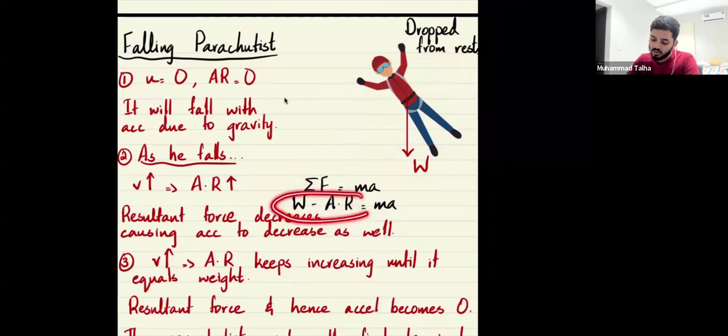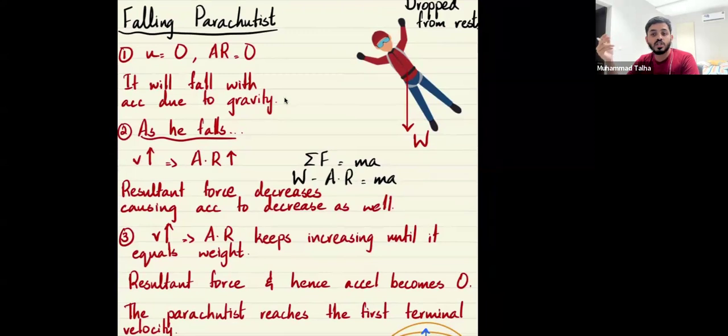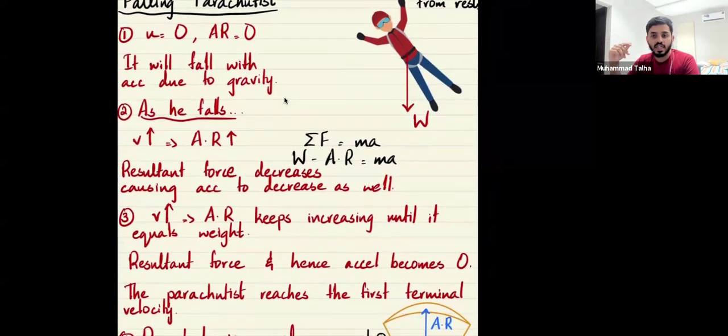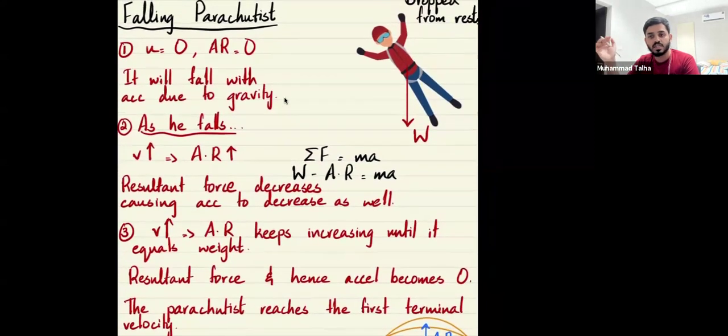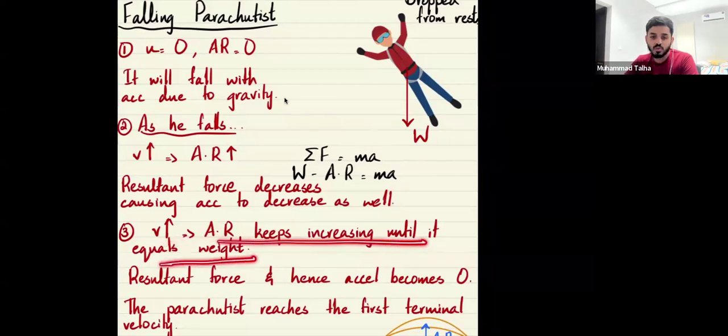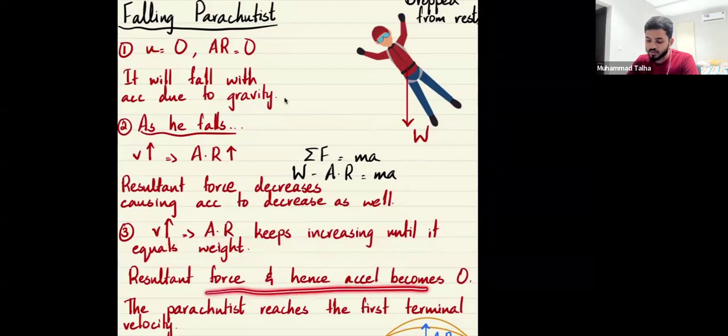Because your resultant force goes down, your acceleration also goes down. But acceleration going down does not mean it's decelerating. It means it's accelerating at a decreasing rate, right? So the speed keeps going up still, and the air resistance keeps increasing until it equals the weight, at which point resultant force becomes zero, and that's why acceleration becomes zero, and terminal velocity is reached.